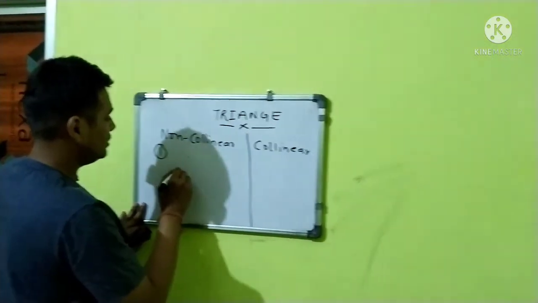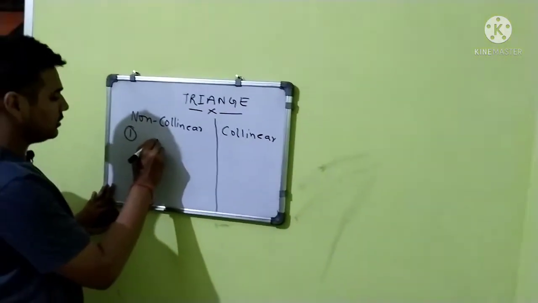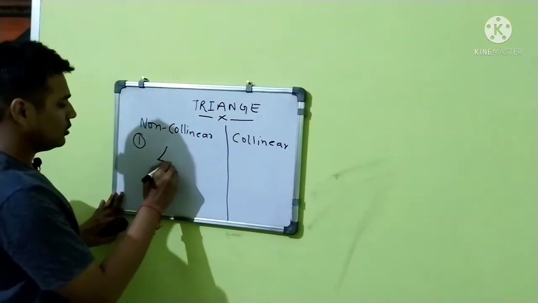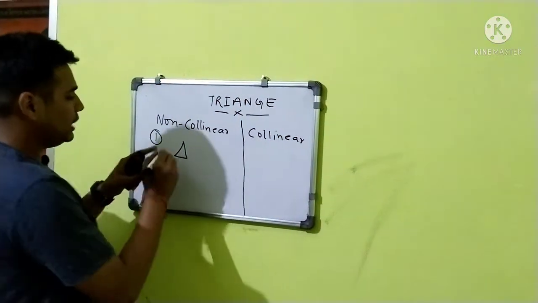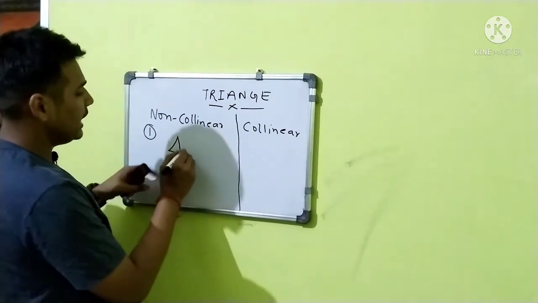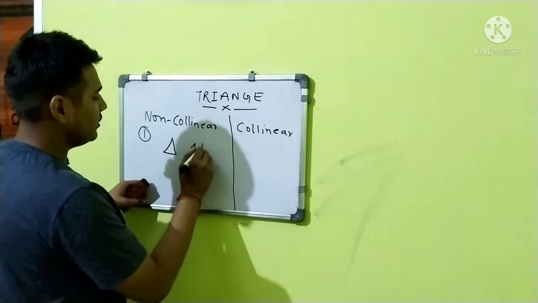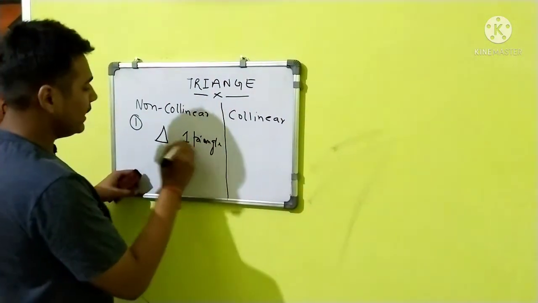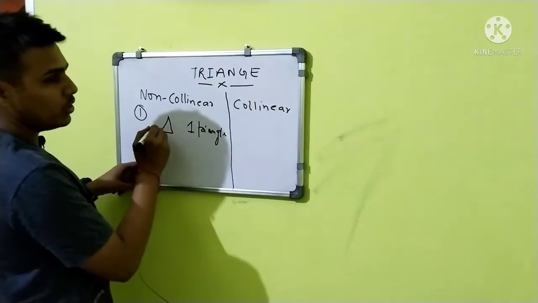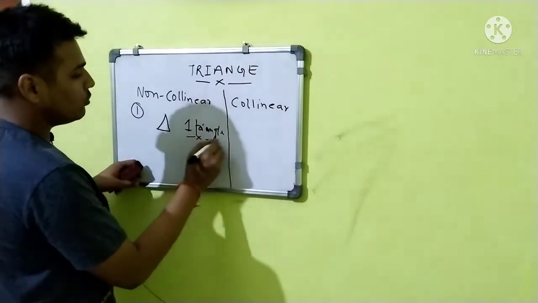Suppose these 3 points are non-collinear. Then you can draw only one triangle, as is clear from the figure.